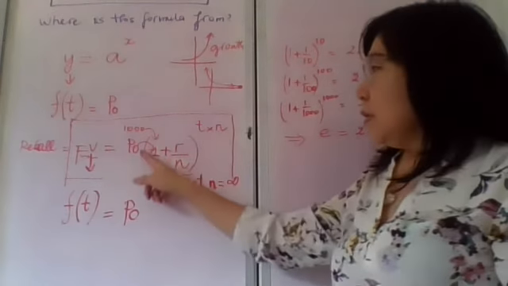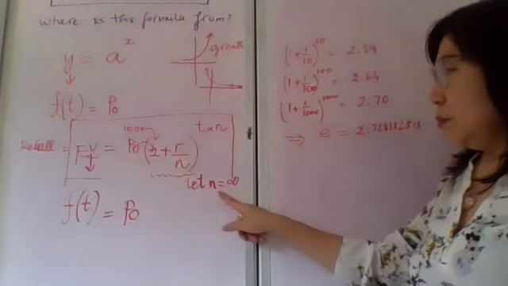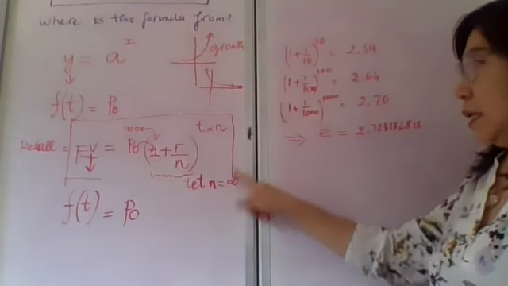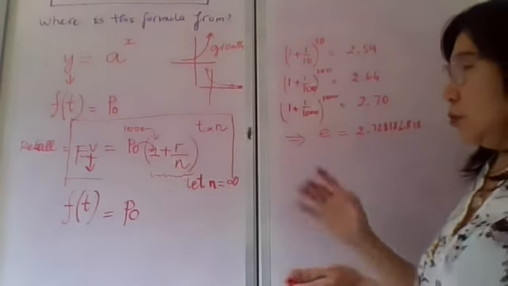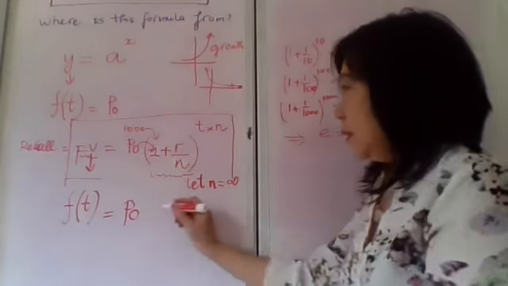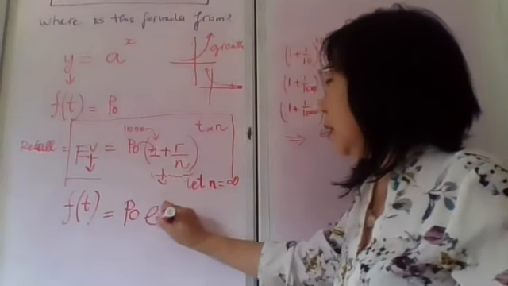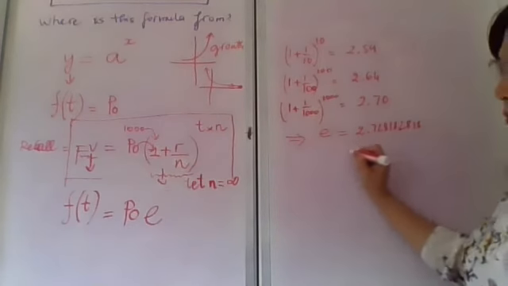So you can replace the whole thing here by what? If you let n go to infinity, because the time you don't know, right? Then the whole thing here, you can substitute by the E number, just like this, right?